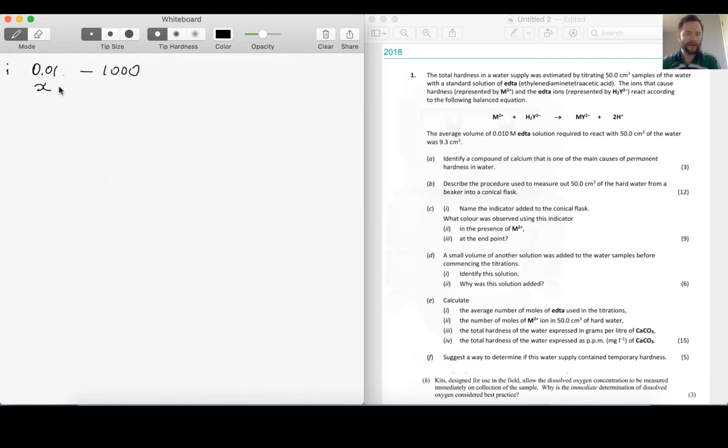So I need to find X in 9.3, and simply X will be equal to 9.3 times 0.01, all that divided by 1000, and that gives me a value of 9.3 times 10 to minus 5 moles. So 9.3 times 10 to minus 5 moles of EDTA reacts with this, are present in 9.3 cubic centimeters of that sample.